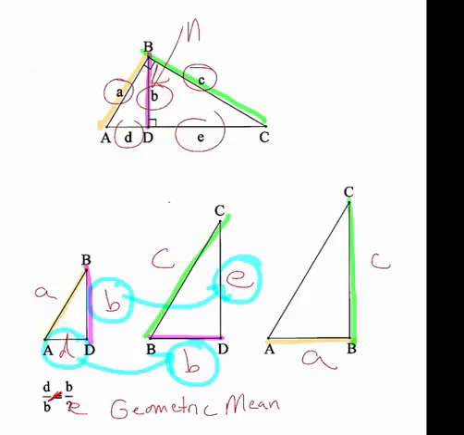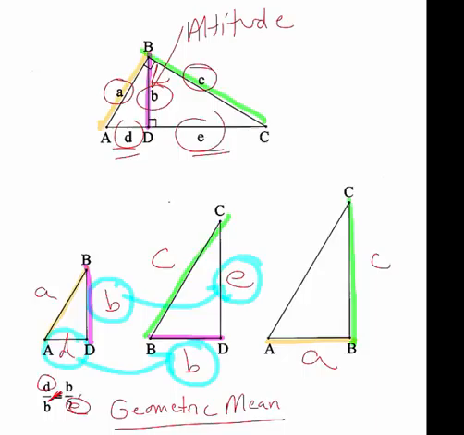B was the altitude of this big right triangle that I started with. So that means the altitude of my triangle is the geometric mean of the two numbers D and E, which were the pieces of the hypotenuse that the altitude created.